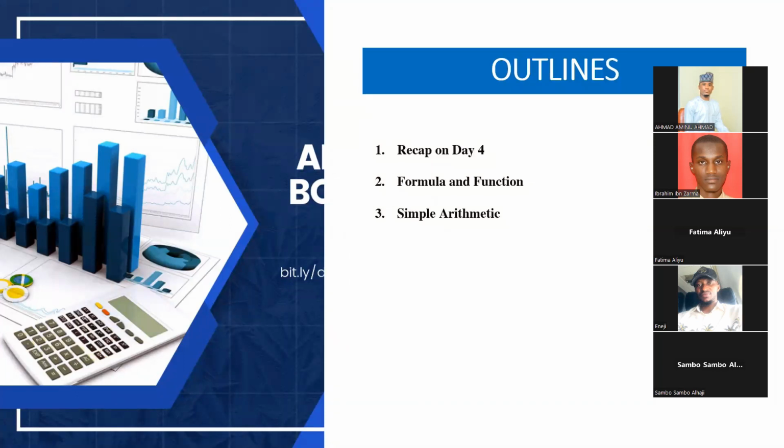And you can increase the height or the width the way you want it to contain the text within that particular cell. Then we talked about merge and center, how you can merge two cells or two rows to become one cell, or two columns or more than that to become one single cell.